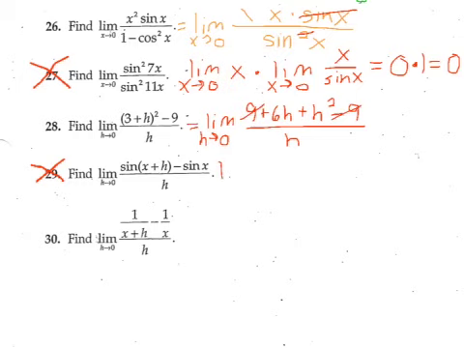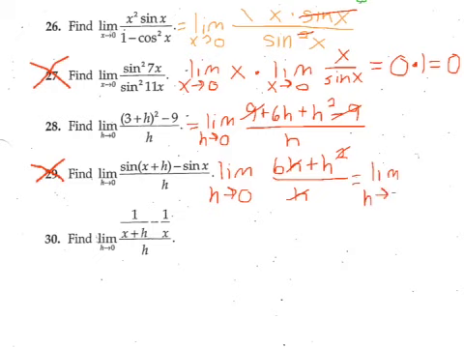So we have the limit as h approaches 0 of 6h plus h squared divided by h. We can take the h's and cancel one. So we have the limit as h approaches 0 of 6 plus h, and after we substitute 0 in for h, we get that our limit is 6.